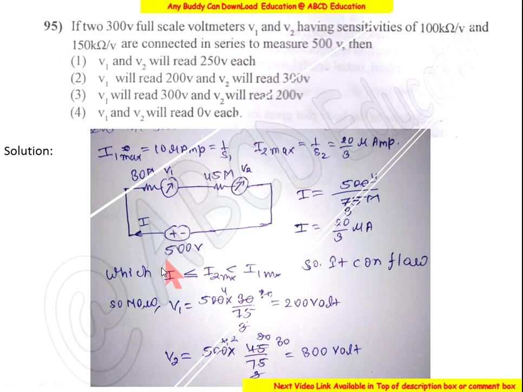So I must be less than or equal to I1 max and I2 max, so it can flow. Now when the current equals 20 upon 3 microampere, V1 equals 200 volt and V2 equals 300 volt. So the reading will be V1 equals 200 volt and V2 equals 300 volt. The correct option is 2.